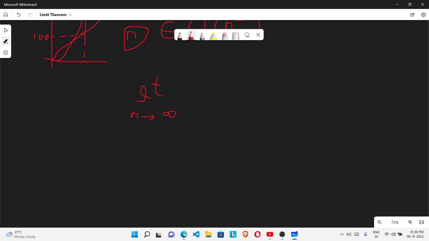So limit n tends to infinity of f of n by g of n, if this value becomes infinity, because if f of n is n square and g of n is n, you just cancel, and n square by n gives n.